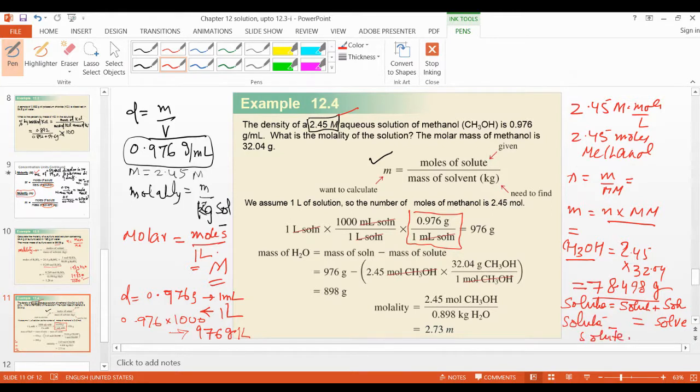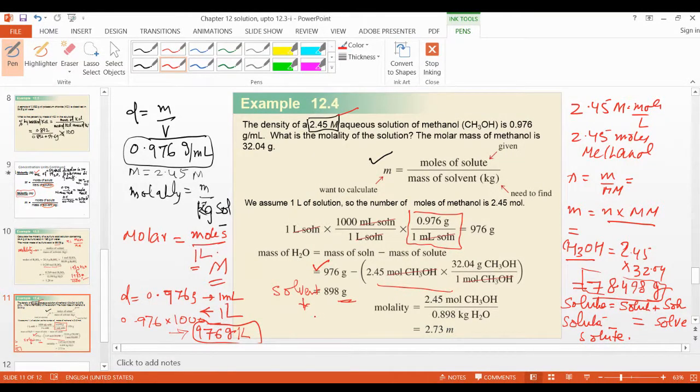The solution we already calculated, according to the density, 976, minus the solute, which we calculated here as 78.498. Then you will get 897.5 gram, and this is the solvent.